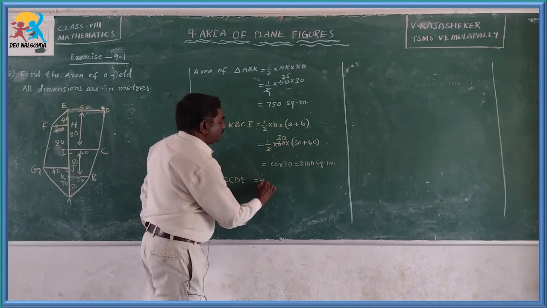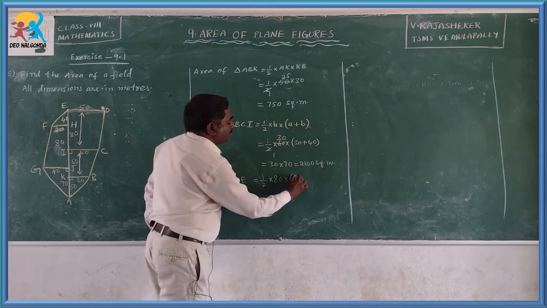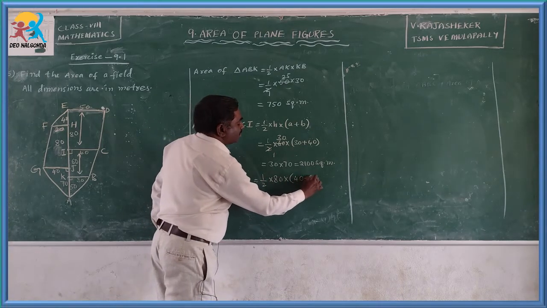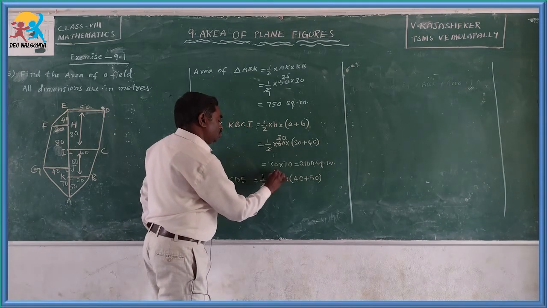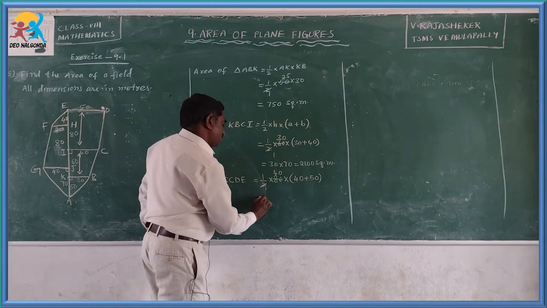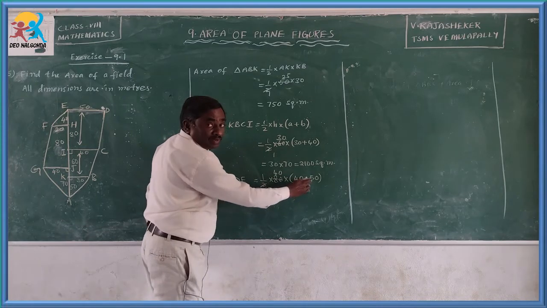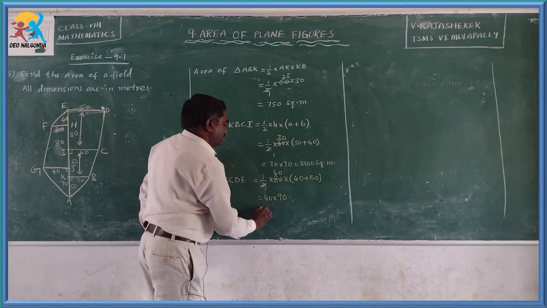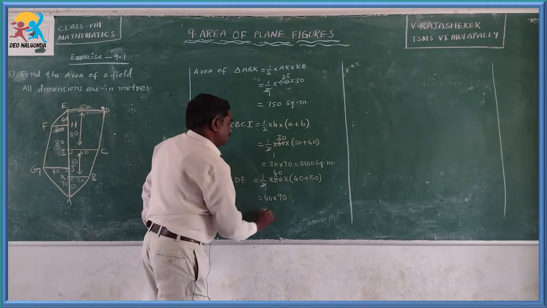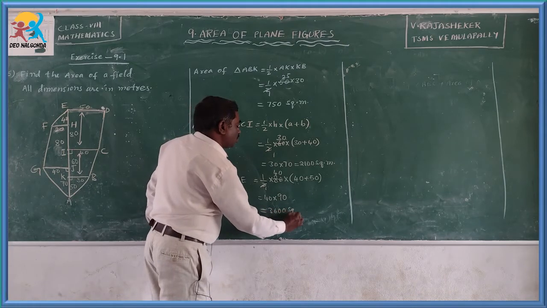So half into 80 into a plus b, 40 plus 50. By simplifying, 40 into 90. This can be written as 3600 square meters.